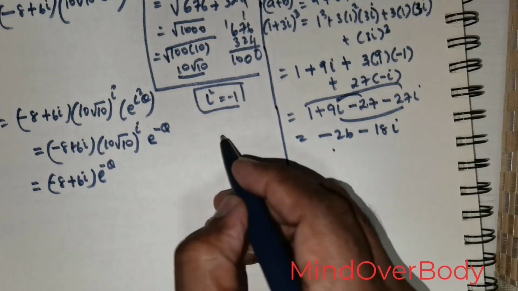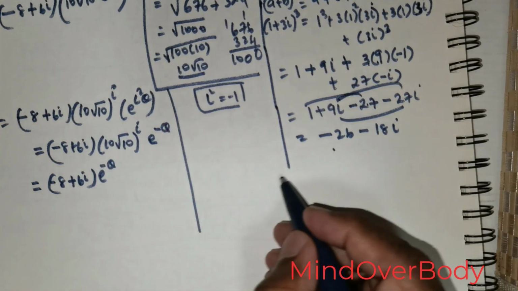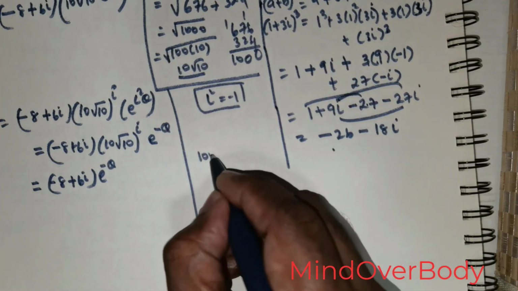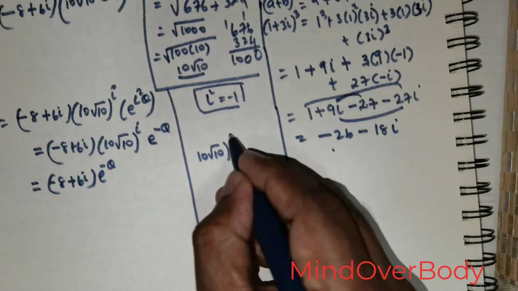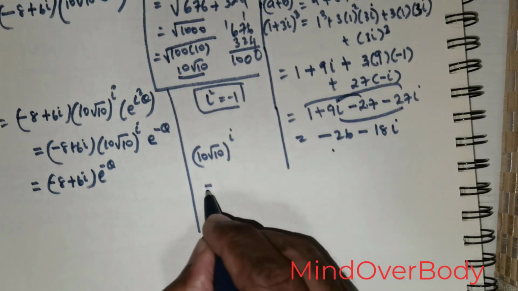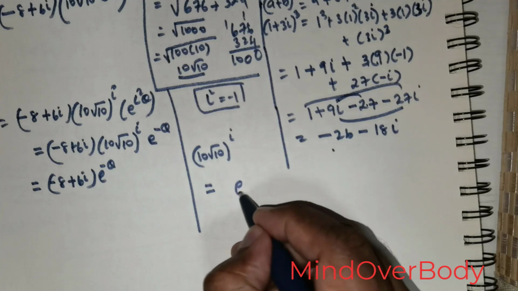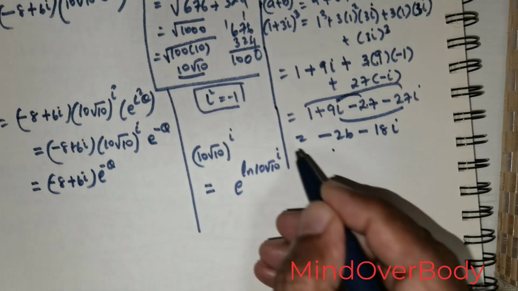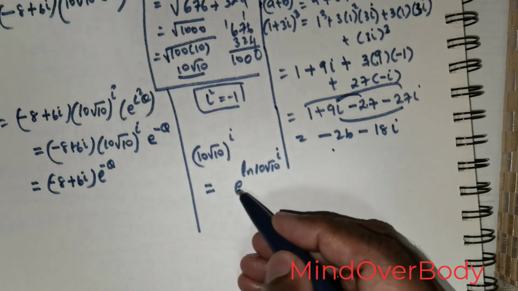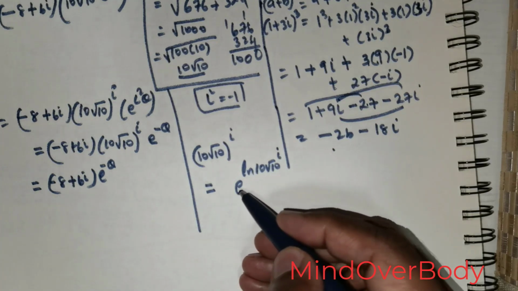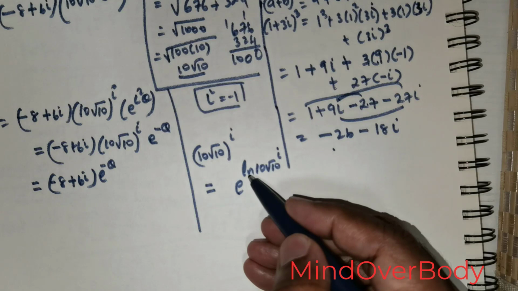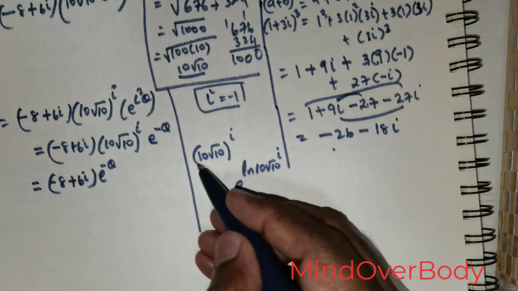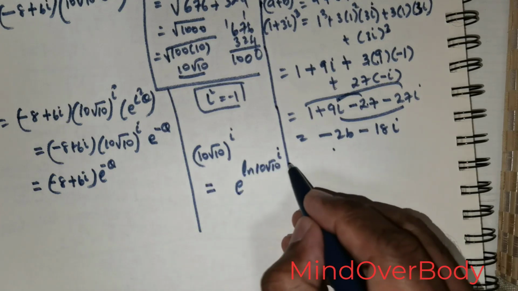Now this quantity, let me use the space here, this quantity 10 root of 10 raised to the power i, I can rewrite using e raised to the power ln of (10 root of 10 raised to the power i), because the e and the natural logarithm get cancelled, giving me back this, right?